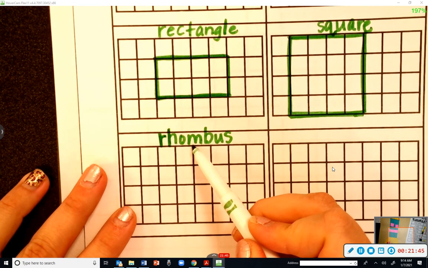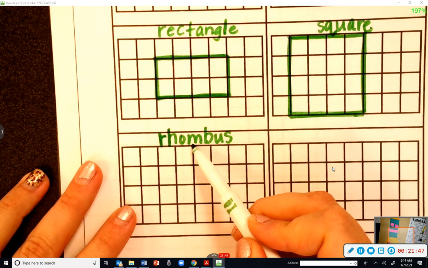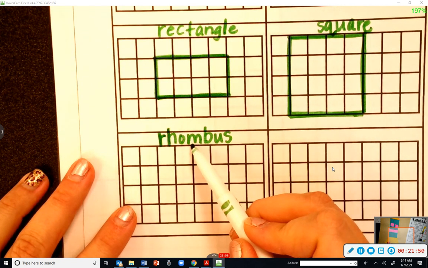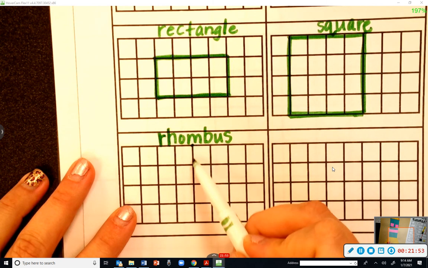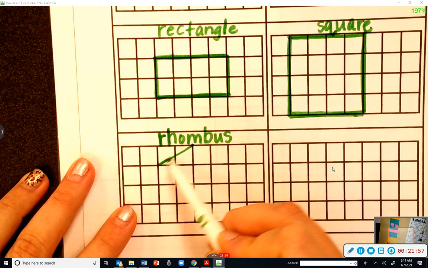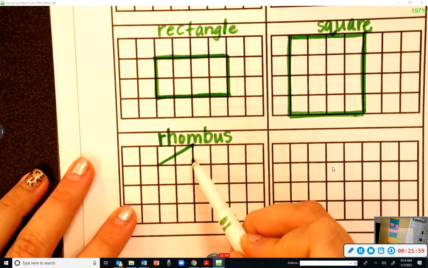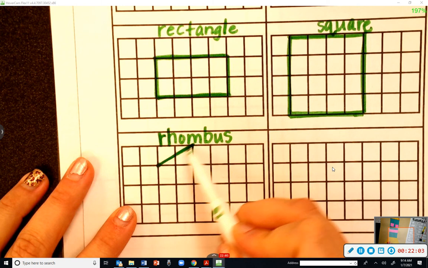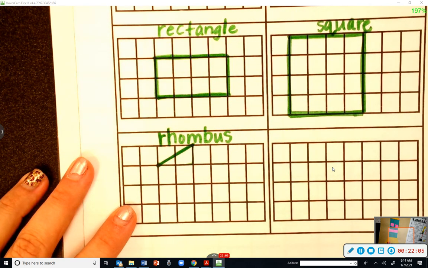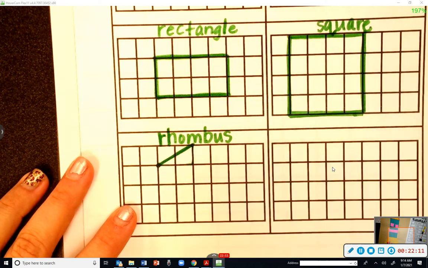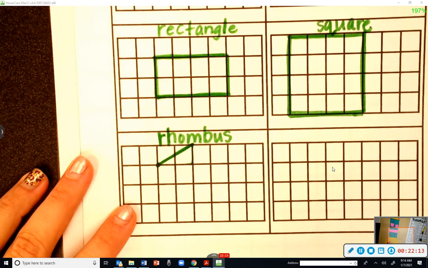So I'm going to start here in the middle, and I'm going to go over 2 squares. So 1, 2, and down. Connect it. So I went down 1 and over 2. That's my first line. I went down 1 and over 2 for my first line.